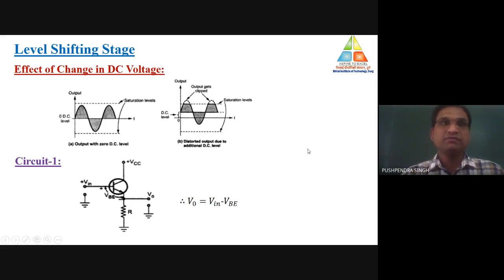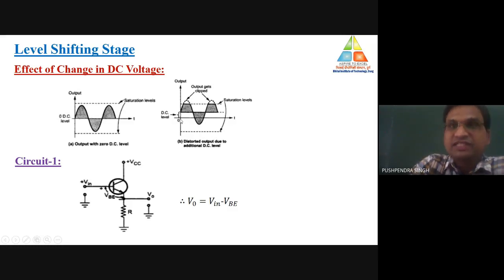Because stage number 1, stage number 2 and the whole cascading is only through direct coupling, and due to that direct coupling there is a change in the AC as well as the DC value. So in the third stage, or level shifting stage, we need to reduce this DC level to 0 volt. Suppose this change is 0.7 volt.